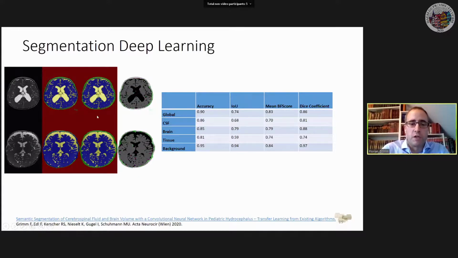And here we see the segmentation results of the CNN, and color-coded the differences are given. All in all, we reached a global accuracy of around 90%. CSF was 86%, and brain around 85%. The classical accuracy markers are illustrated as an overview as well.